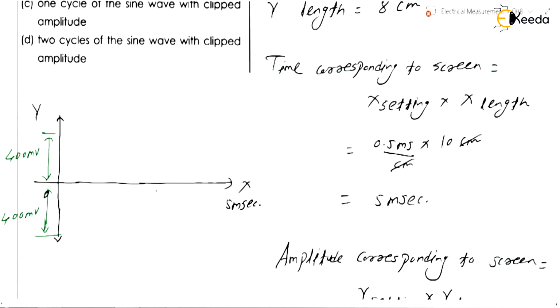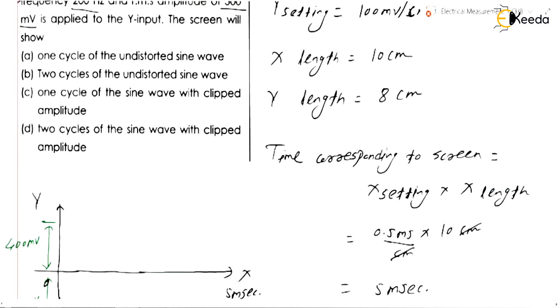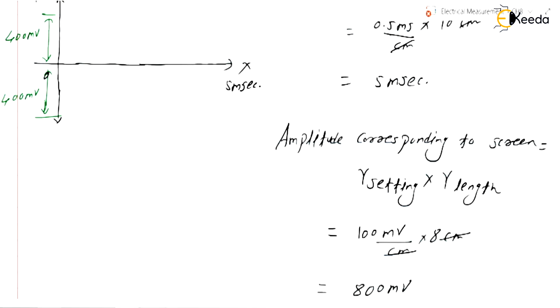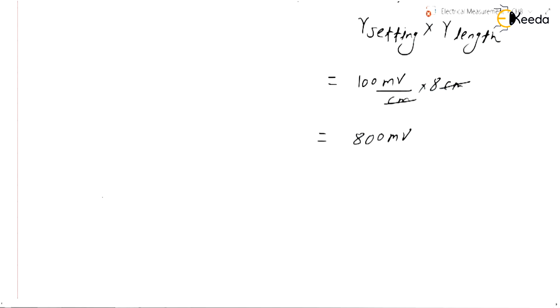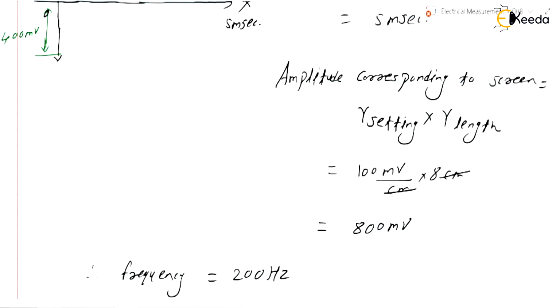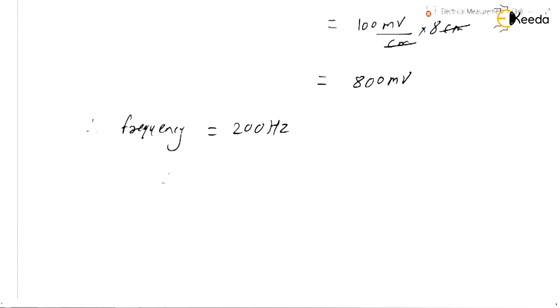You getting the point? Now for the given signal, the frequency is 200 hertz. Let us first check how many cycles. Time t is equal to 1 by frequency, it is 1 by 200, which is 5 millisecond.